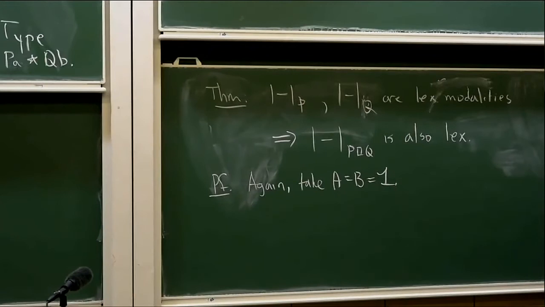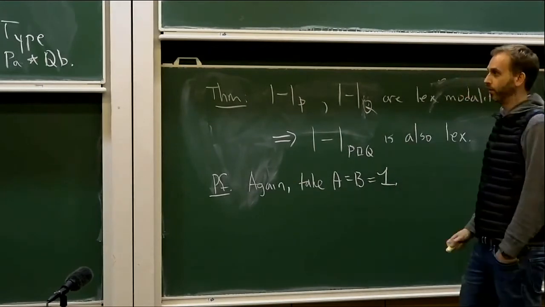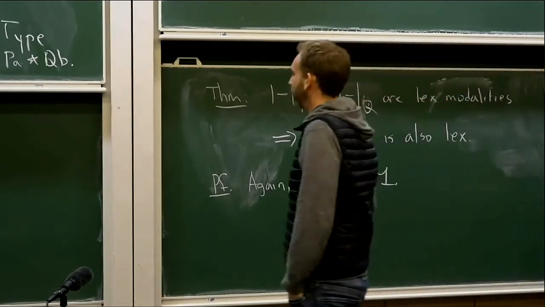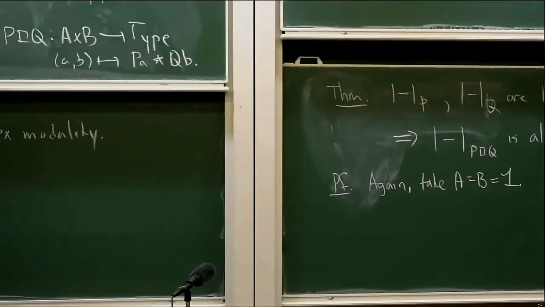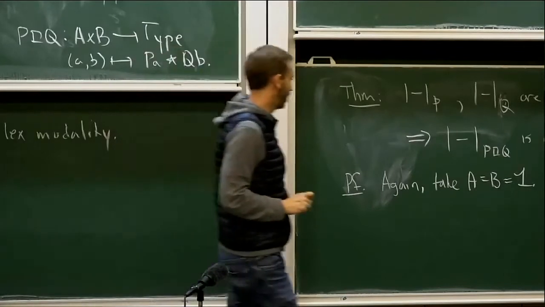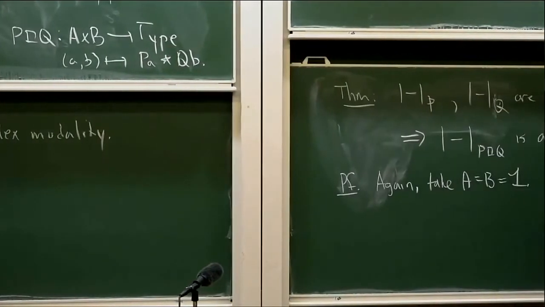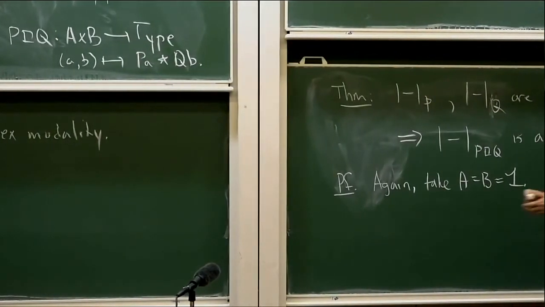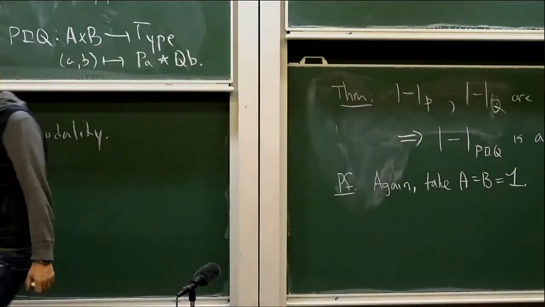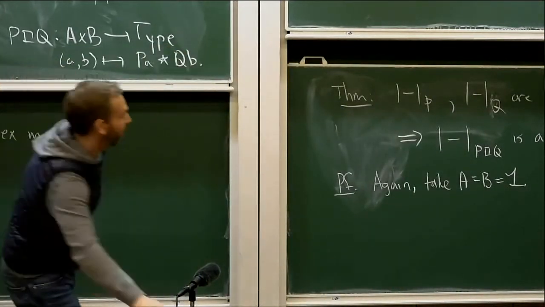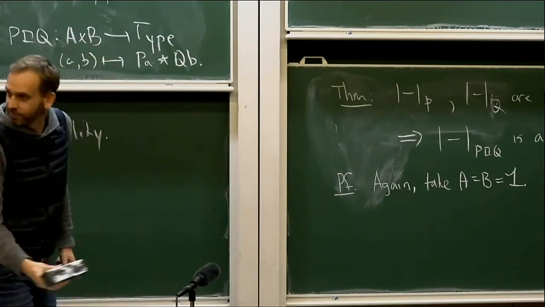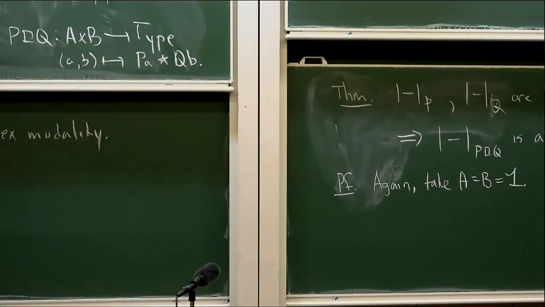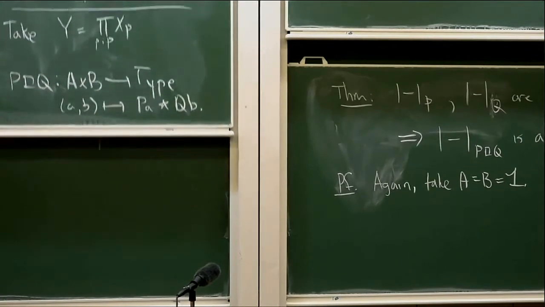It suffices to do A equals B equals 1. The A and B will just be carried around as a parameter. Okay, I forgot something. I need a lemma, so we'll come back to this. Where can I put my lemma?